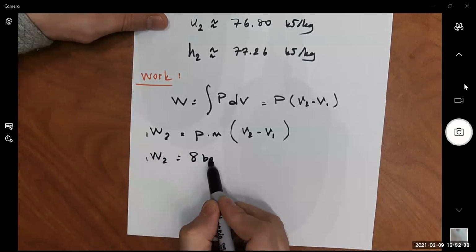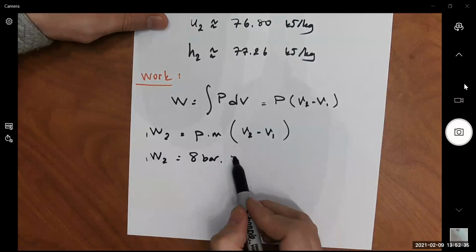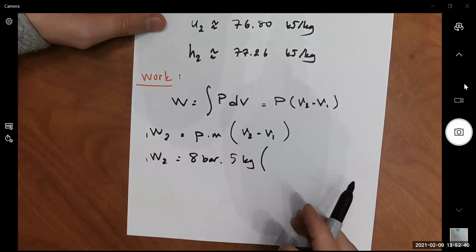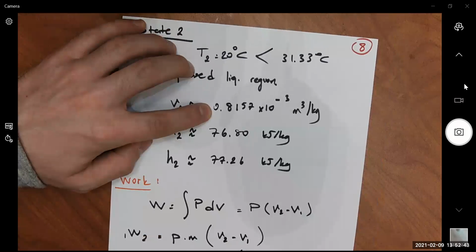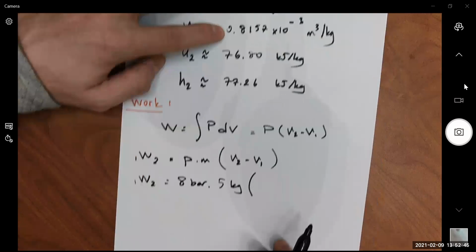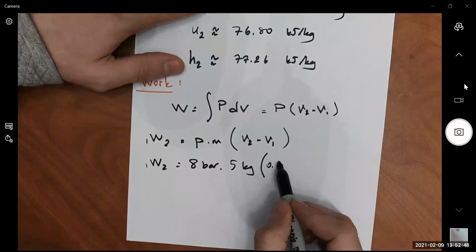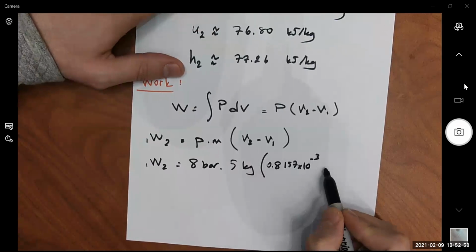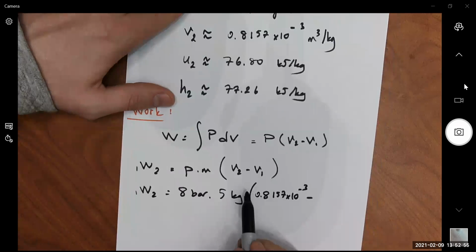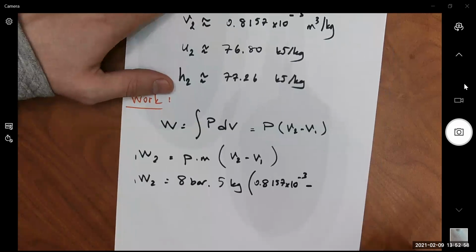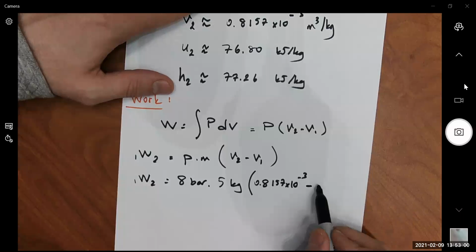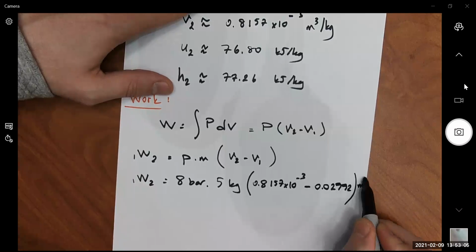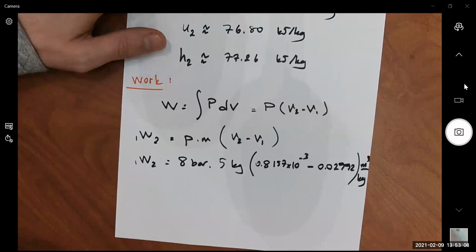Eight bar, mass is given as 5 kilograms. V2 is 0.8157 times 10 to the minus 3 meter cubed per kilogram, minus the volume at state 1, which was 0.02992 meter cubed per kilogram.